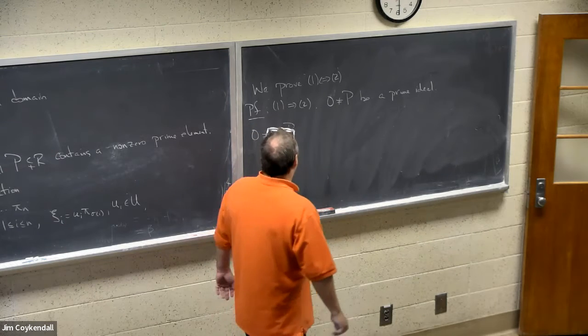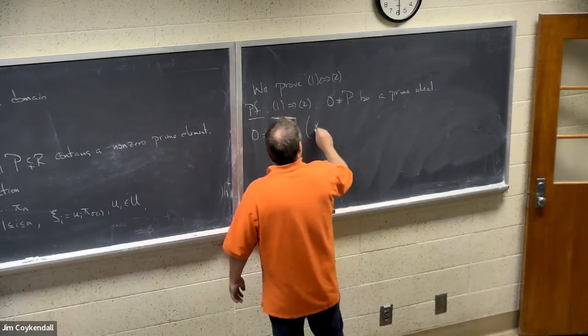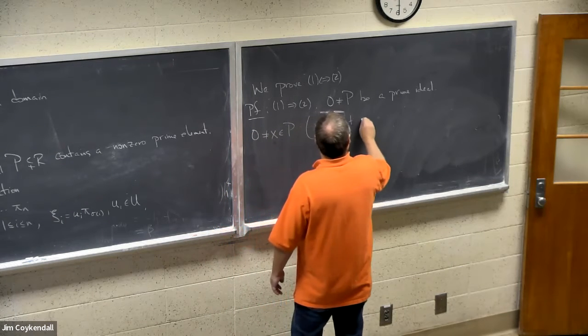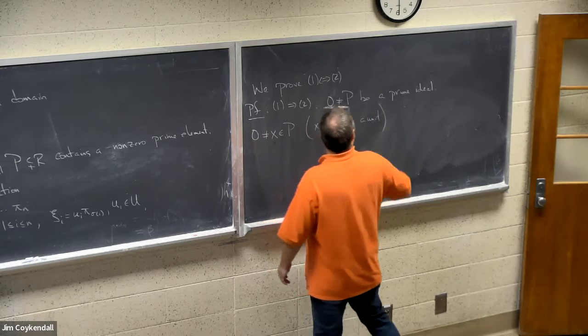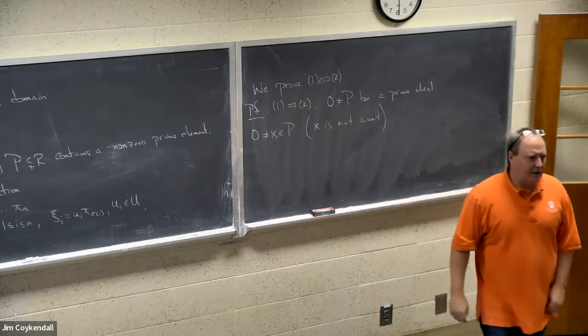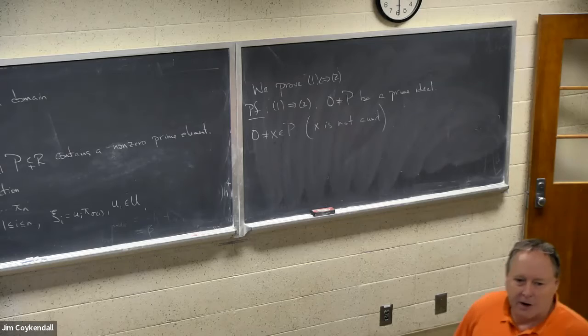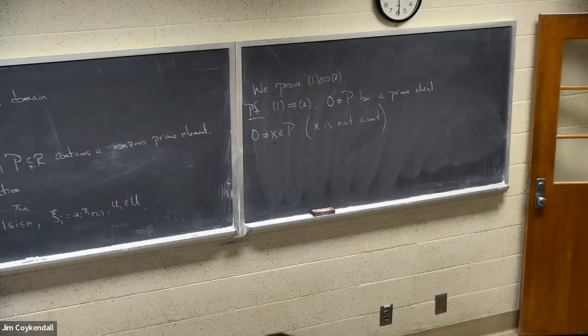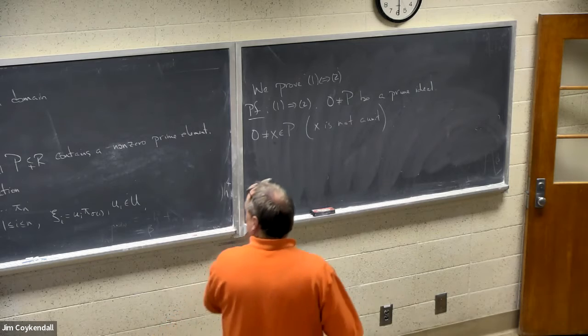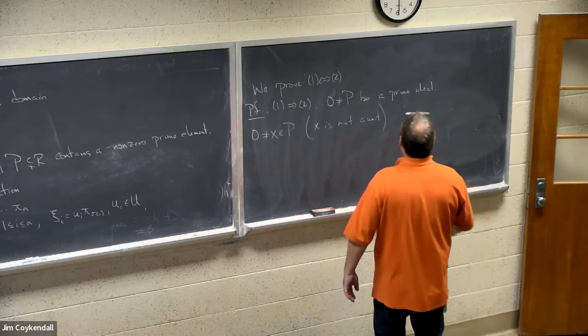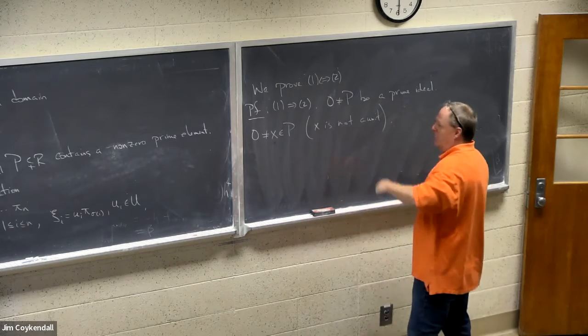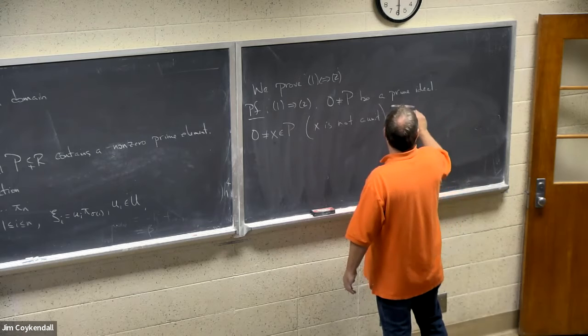Notice that X is not a unit, because for crying out loud, it lives in a proper ideal, right? And it's not zero. And so since I know that X is a non-zero non-unit, guess what? It has to factor into primes, because we already have that equivalent for UFD.